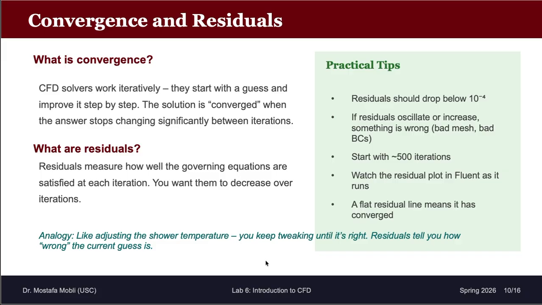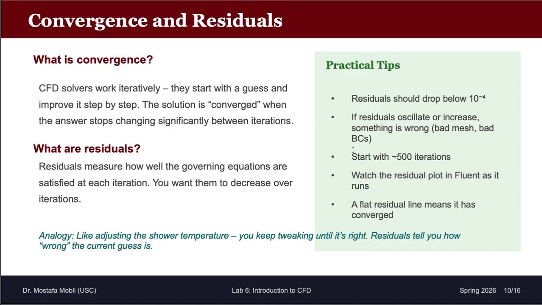Residual itself is a measure of how well the governing equations are satisfied at each iteration, meaning that residual is the difference between the initial guess and the final solution for each iteration. Of course, we want it to decrease over time. Our set value for residual is usually around 10 to the negative 4.